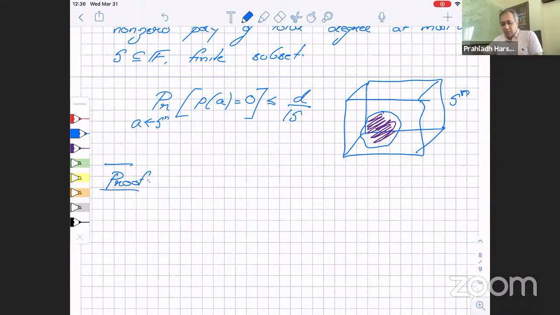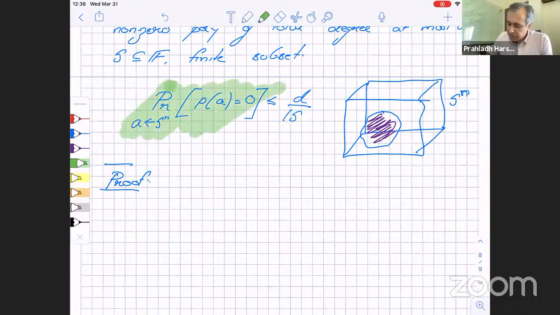But before that, let me state what it means. It says that if you have a non-zero polynomial, it cannot be 0 at too many places. If S is large enough compared to D, then once you know the polynomial is non-zero, it has to be non-zero almost everywhere.